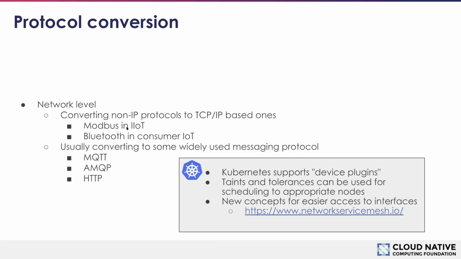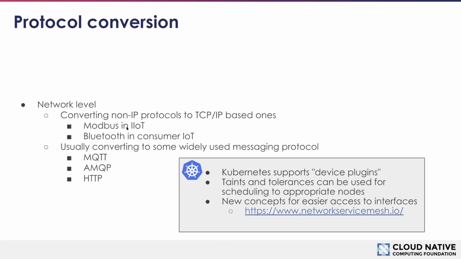What we mean by the workloads that help with data ingestion: in many IoT use cases, we have a bunch of devices that talk what we call field protocols, and there are a lot of these protocols, a lot of them even non-IP based.